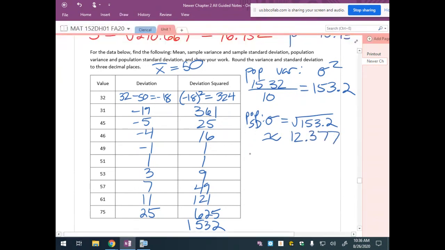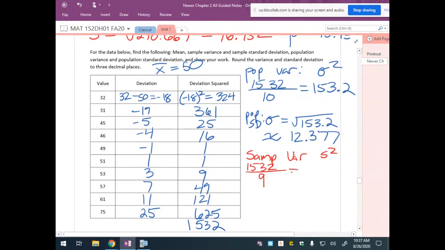Now, for the sample variance, we have to take this 1,532 and what are we going to divide it by now? What's that? 9. Why 9? One less than 10. 10 minus 1.